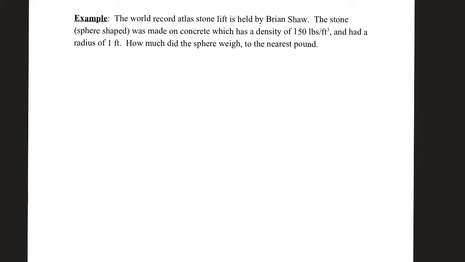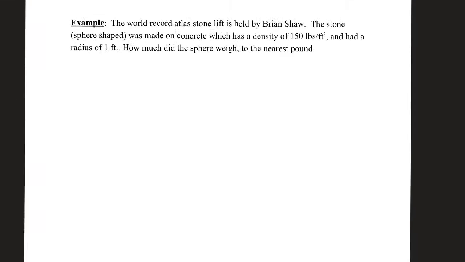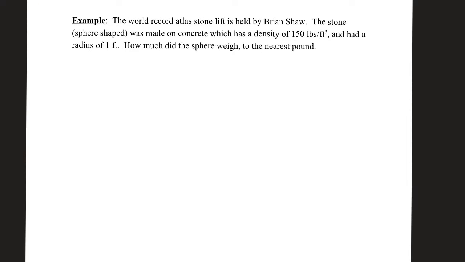The stone, which I said is a sphere, is made of concrete, and concrete has a density of 150 pounds per cubic foot. And that stone, that sphere, had a radius of 1 foot. How much did the sphere weigh to the nearest pound? So how much did it weigh?